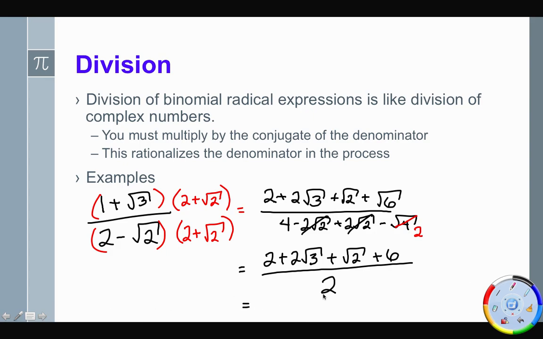If we were to distribute this dividing by 2, so we can get rid of the fraction bar, we get 2 over 2, which is 1. 2 over 2, which is 1 root 3. We get 1 over 2, which is 1/2 of root 2. And then root 6 over 2 is just a 1/2 of root 6, because that number in front is just a 1.